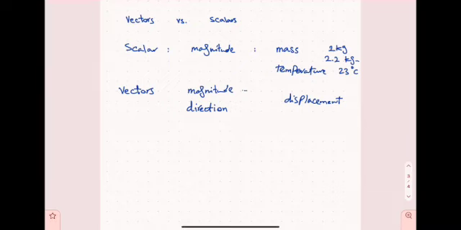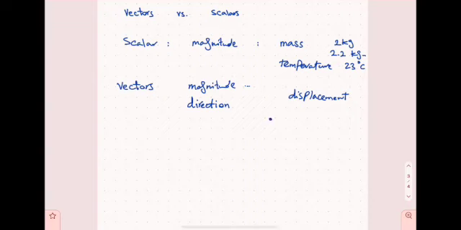Now why is displacement a vector? For example, if I am moving from point A in a space to point B, and the distance between A and B is 2 meters, I might show this displacement from point A to B with a vector like this.